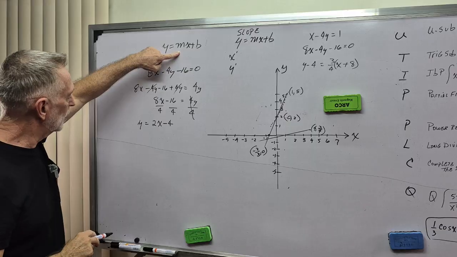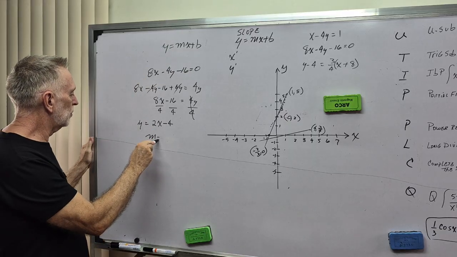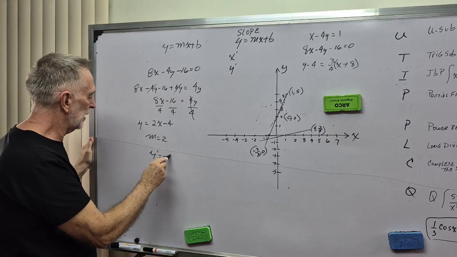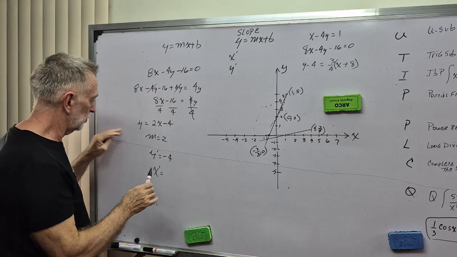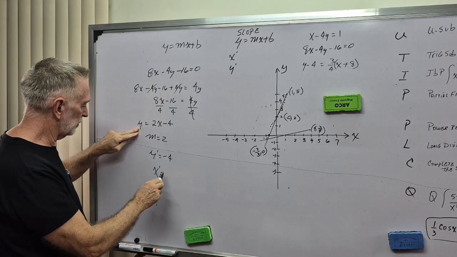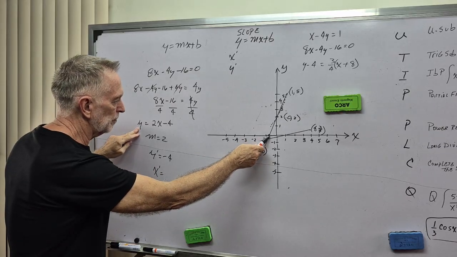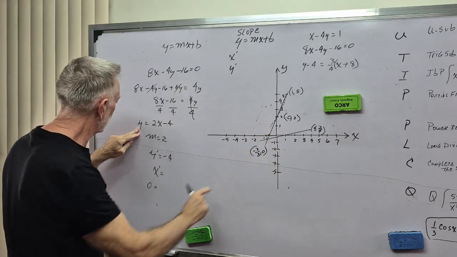Okay, what is the slope? 2. So m equals 2. The y-intercept equals what? Negative 4. X-intercept equals what? Well, we need to solve for it. So this occurs when y equals 0. That's when we intercept the x-axis, when y is 0.